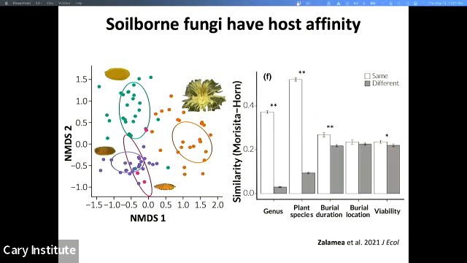Just to highlight this result a little more, we did this pairwise comparison analysis, and again, this burial duration, burial location, and viability, when we compare those communities coming from the same, let's say, burial duration against different burial durations, these white bars and gray bars are very similar.